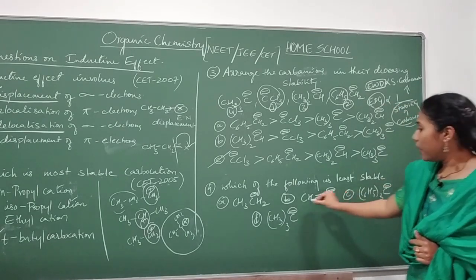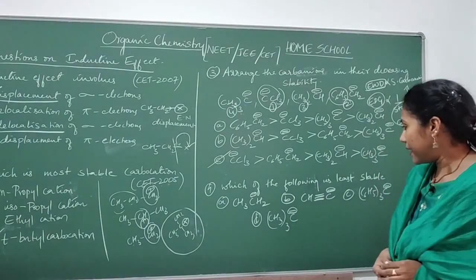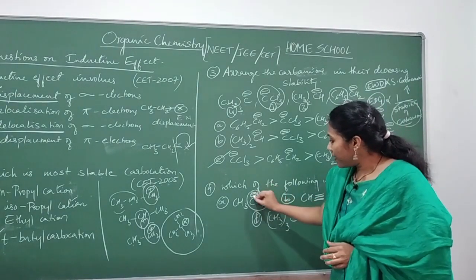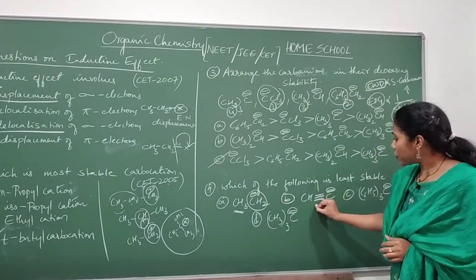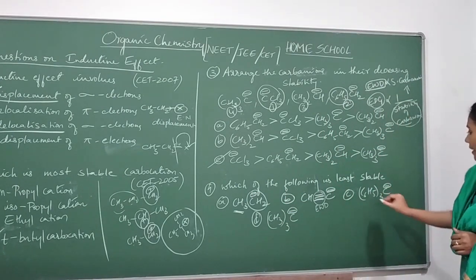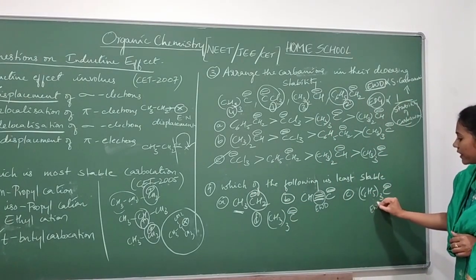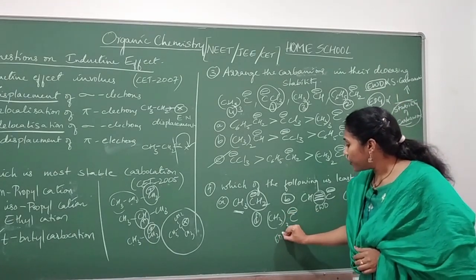So in the given options, find out where electron donating groups are there. This is our carbanion, this is the electron donating group, and this one is actually electron withdrawing in nature if you have a triple bond. C6H5 is an electron withdrawing group. CH3 again is an electron donating group.